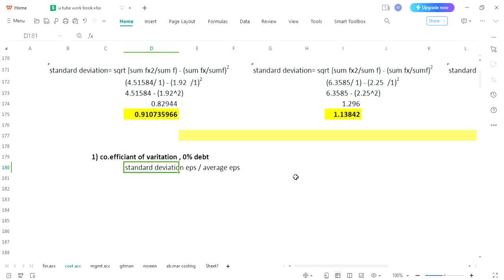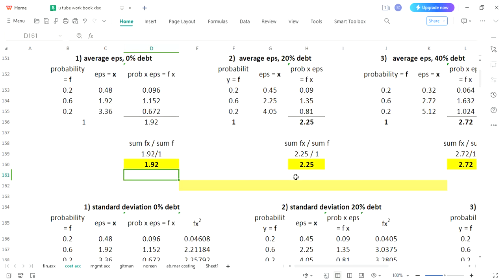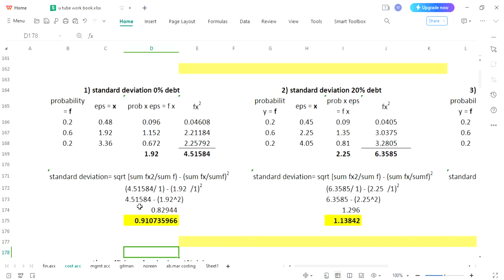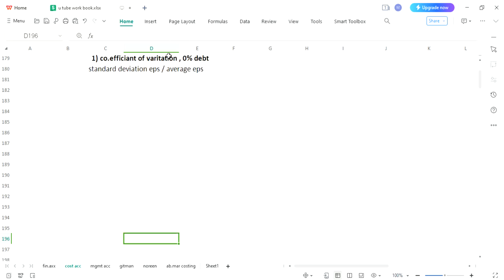In this way you will complete your coefficient of variation. Look over here, this was your standard deviation, and over here this was your average EPS. Both would be divided to calculate the coefficient of variation.